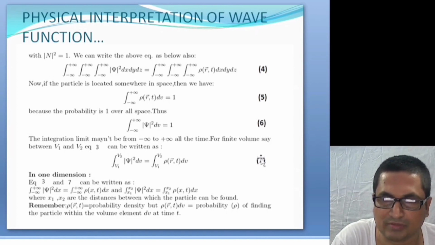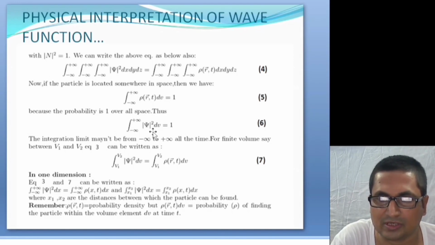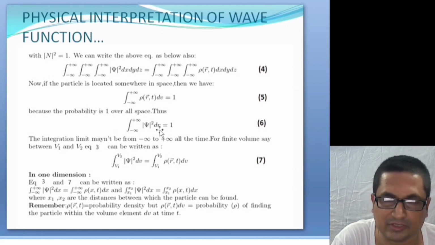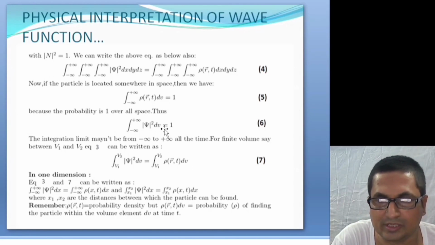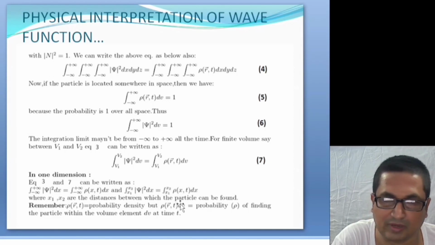This equation 6 or 7 represents the wave function in three-dimensional space. If you take a one-dimensional case, dV will no longer exist, and we will simply have a line element. In that case expression 6 will turn into the integral of |psi|^2 dx, where dx is a line element, and in the same way we find that it is equal to this. And the important thing is that in this case also the integration for the whole probability will be equal to 1.